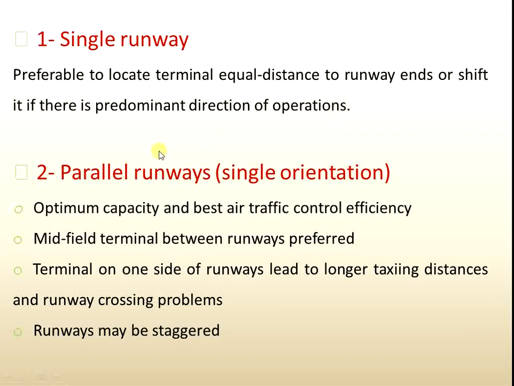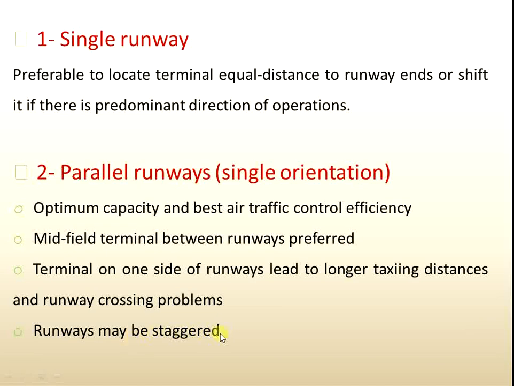Second one is parallel runways, or single orientation, which give optimum capacity and the best air traffic control efficiency. A midfield terminal between the runways is preferred. A terminal on one side of the runways leads to longer taxiing distance and runway crossing problems, and runways may be staggered.